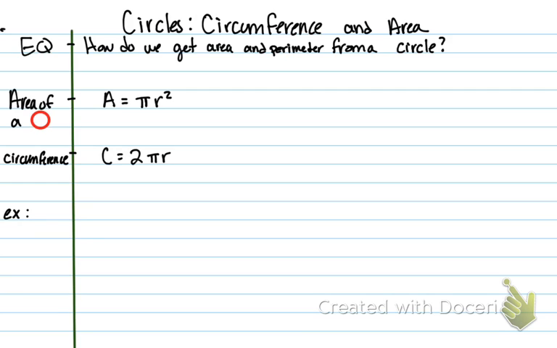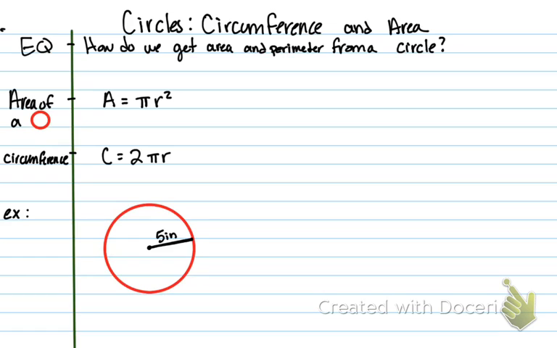Okay, so if we have an example over here, where in the center we have a dot, and the radius is going to be 5 inches, right? What is the area and the circumference of the circle?